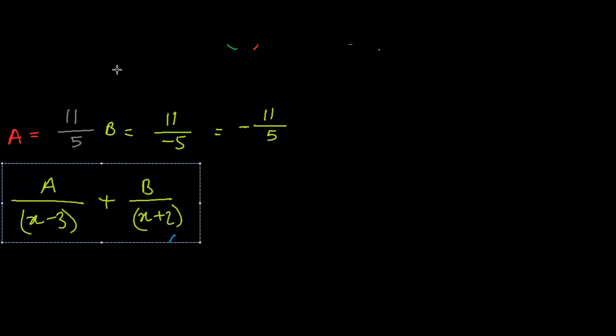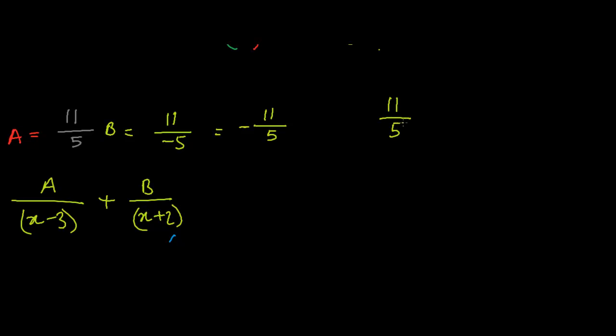So a is equal to 11 over 5. A is equal to 11 over 5, so that just means 11 over 5 times... sorry, let me just do this in a different color so that it's easy to distinguish. I'll just put a nice line here.